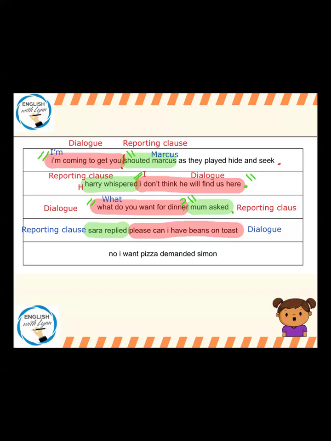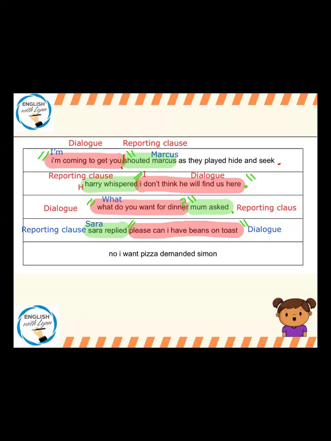So think about my rules for punctuating dialogue. I'm going to go with inverted commas first, before the "please" and after "toast". Then I need to think about my capital letters. Now, Sarah is a name, so she needs a capital letter, and "please" at the beginning needs to have a capital letter.